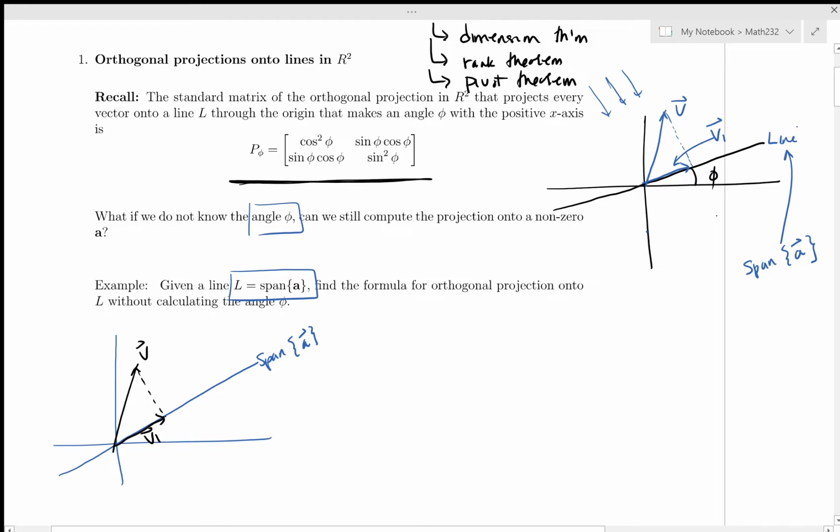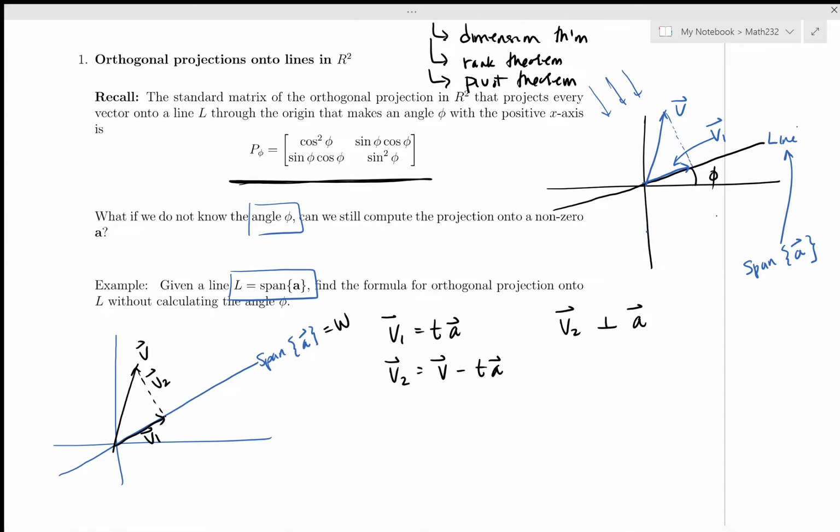We can see right away that V1 is on the span of A, so V1 is equal to some number T times A. I could also see that there's another vector here, V2, and you could see that V1 plus V2 is V. So V2 has got to be equal to V minus T times A. And V2 is orthogonal to V1, and V2 is also orthogonal to A.